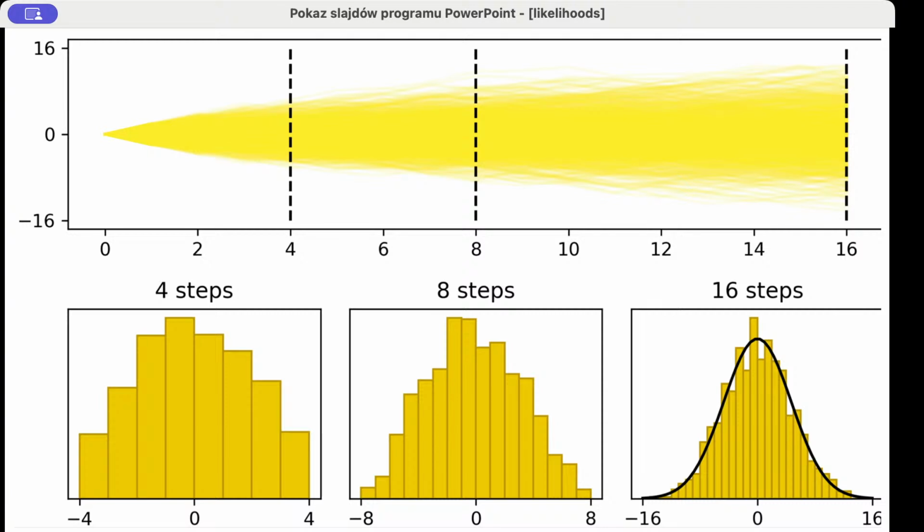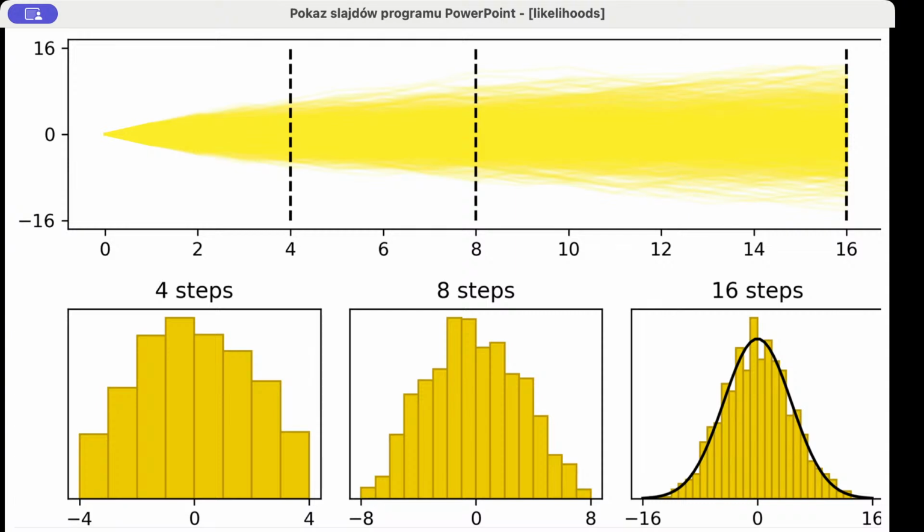And as you can see, after 4 steps, the histogram of that behavior becomes kind of bell-shaped. After 8 steps, it becomes even more bell-shaped, and at 16 steps, it is indistinguishable from the normal distribution, which fits perfectly.